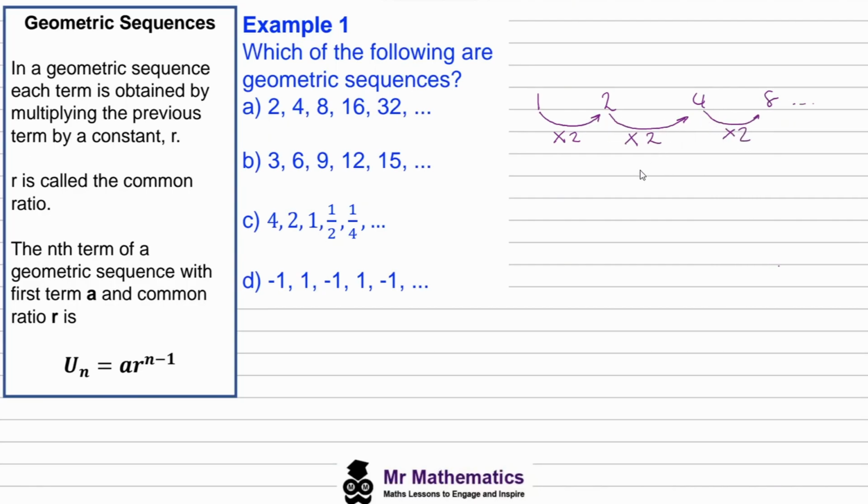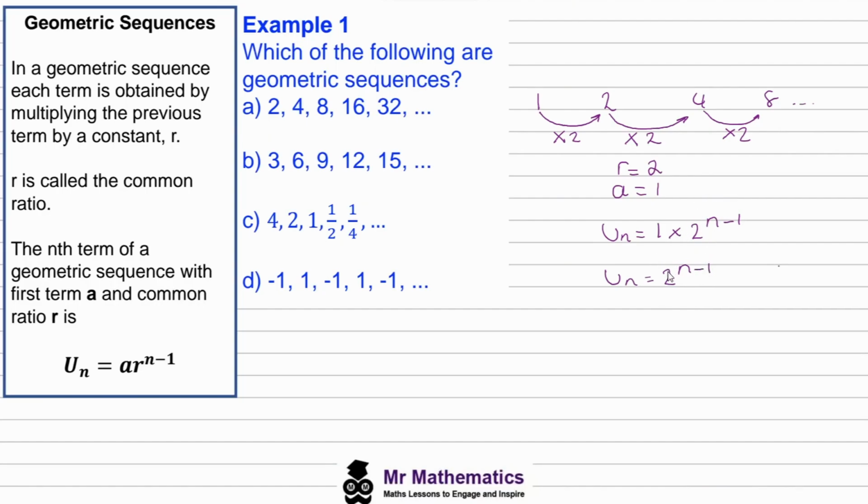So in this example, the common ratio is constant, it is 2, and the first number, a, is 1. So the nth term, un, would be a, 1, multiplied by r, 2, to the power of n minus 1. We can simplify this, so un is equal to 2 to the power of n minus 1.